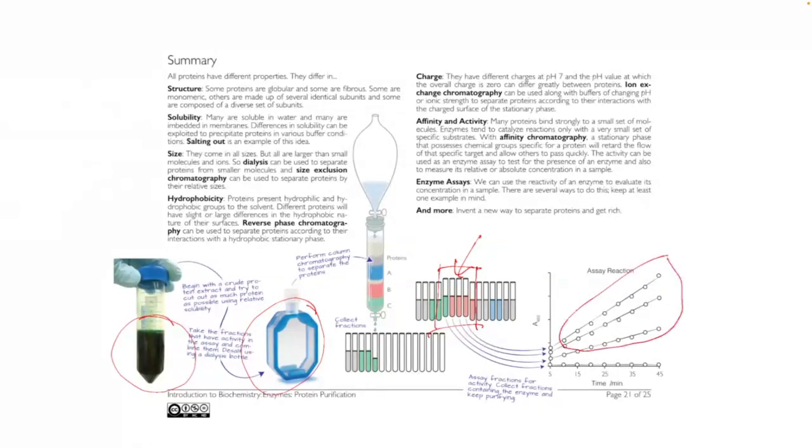So these three here showed activity. This one didn't. So you can see in the picture, the green one did not show activity. These pink ones had increasing activity. And so you were able to find which tubes had your protein in them. So depending on what your assay is, you can find your protein and then purify it further. And eventually you've got it pure so that you can use it for your research.